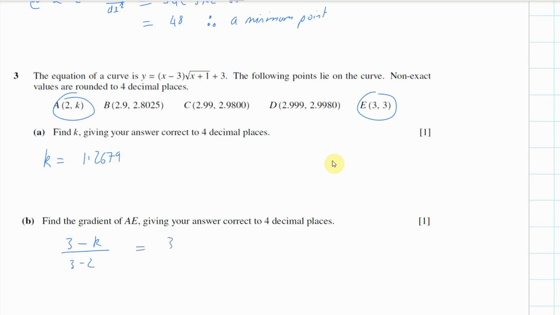Now, k was 3 minus square root 3, so we're taking that whole thing away, all over 1, which is equal to just square root 3, which is 1.7321 to 4 decimal places.